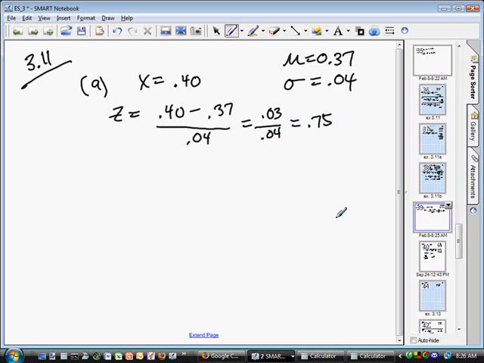Okay, so now we got the z-score. And the z-score, we could go to the table, but wait a minute. Before we go to the table, remember, the table will give us less, and they want to know more. So after we get our less answer, we're going to have to subtract it from 1. So first of all, what's our percent? 0.75. Do you get 0.7734? Okay, let's write that down.